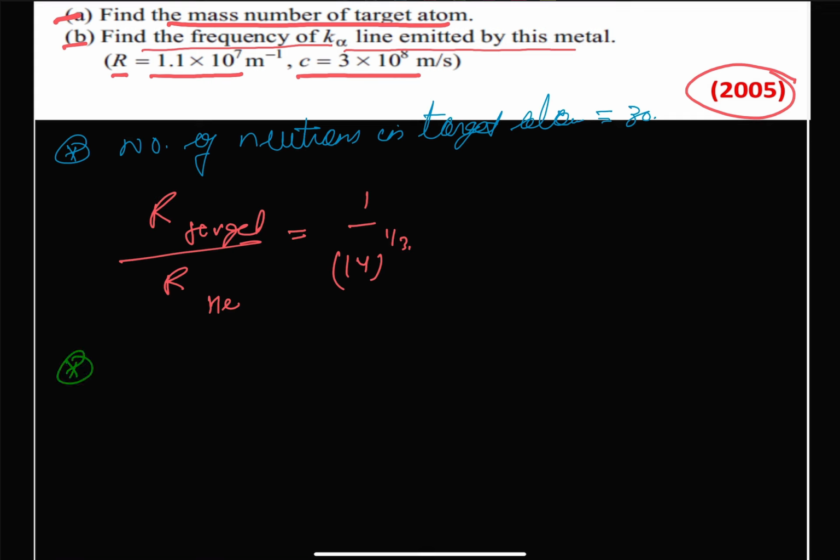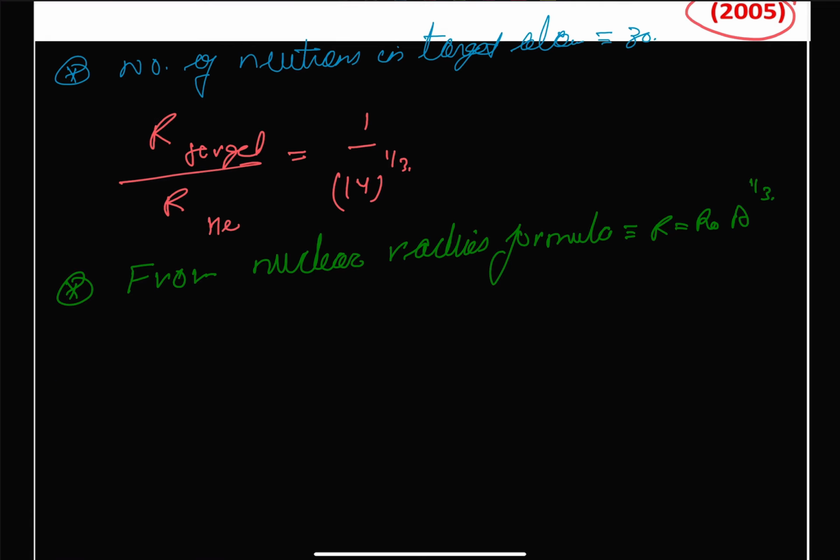From the nuclear radius formula, we can say that the value of R is equal to R naught A raised to power 1 by 3, and we can reformulate according to our target as well as the radius of helium.